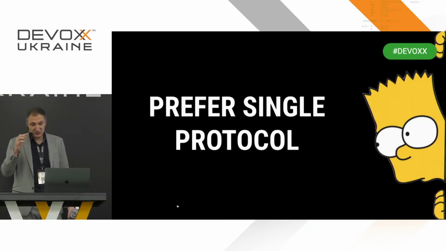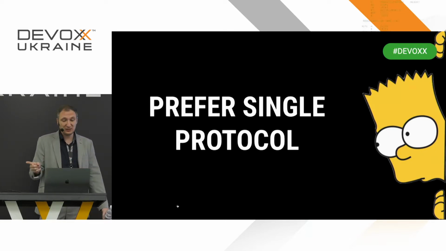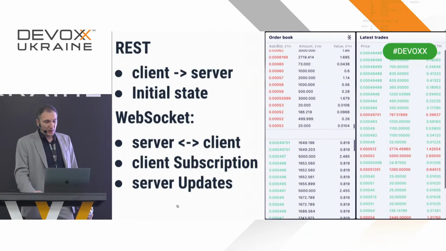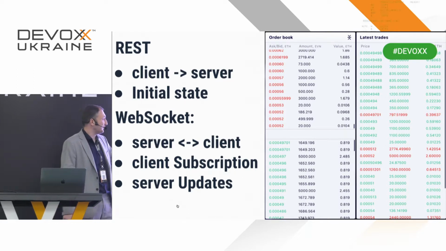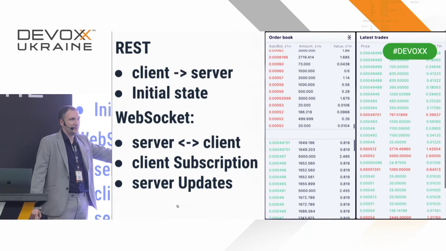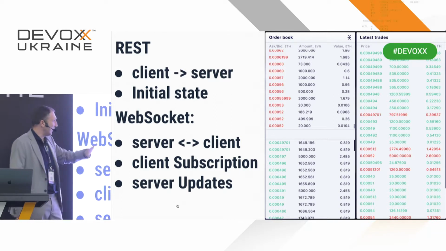Okay, and the next idea for communication with front-end developers is to prefer a single protocol. Let's imagine a situation, it's one of the hype projects. It's like a trading project with Bitcoin or Ether or any crypto.